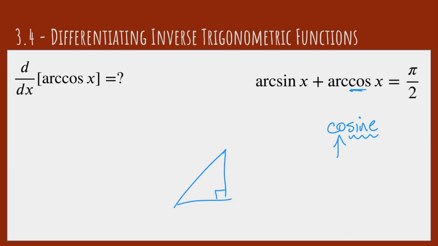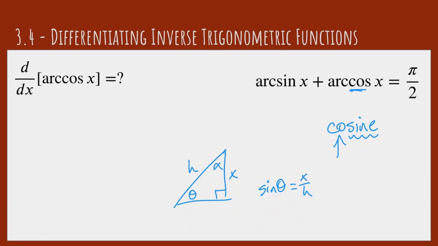So the idea with cosine, and this is just a little historical lesson here, the sine of theta is opposite over hypotenuse. So the sine of theta is x over h. Well, cosine of some angle means that it's the sine of the complementary angle.